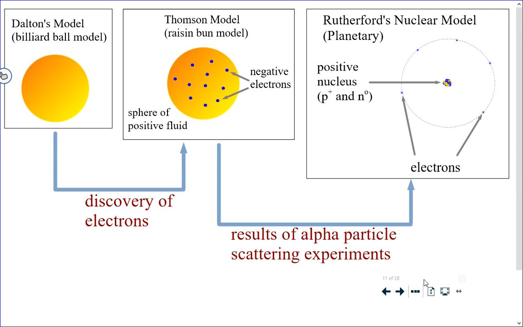That's the first part of this lesson. Just understanding basically what the Rutherford scattering experiment is about and understanding how we go from one model of the atom to the next model of the atom.